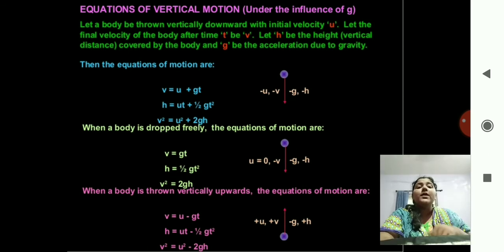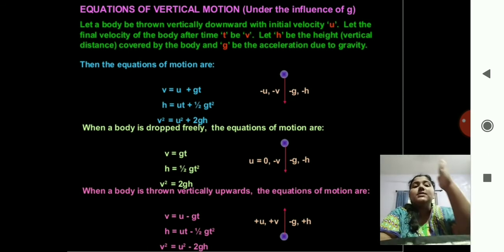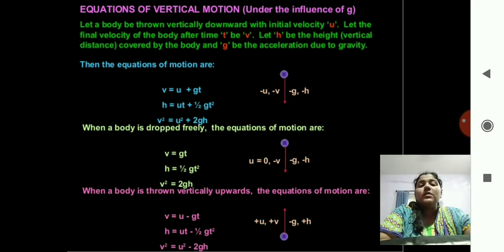But now we are going against the gravitational force, so now it will be minus g. Next, h is equal to ut minus half gt square, again because we are going against the gravitational force. Next, v square is equal to u square minus 2gh.